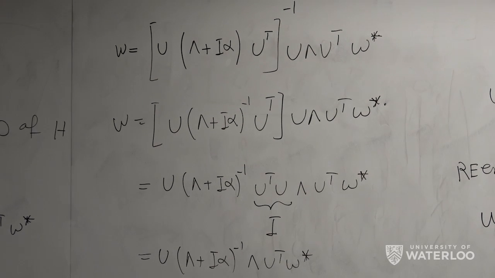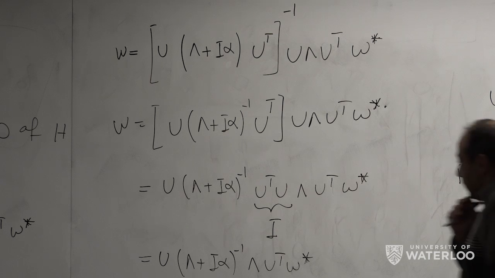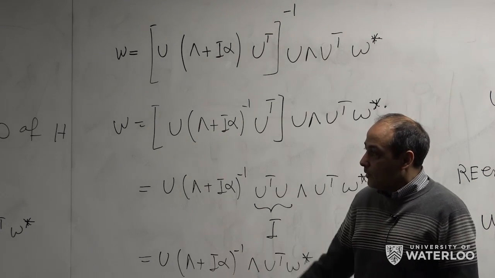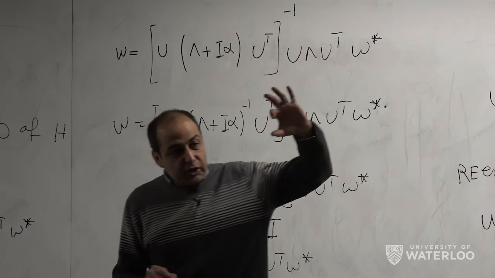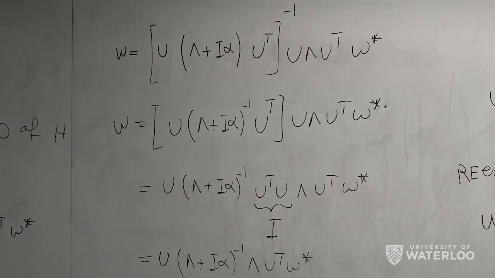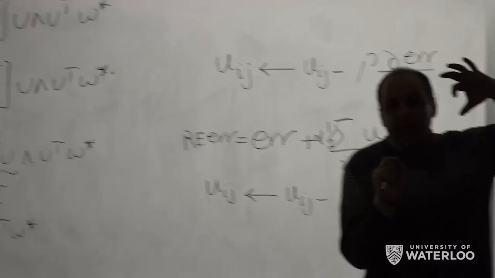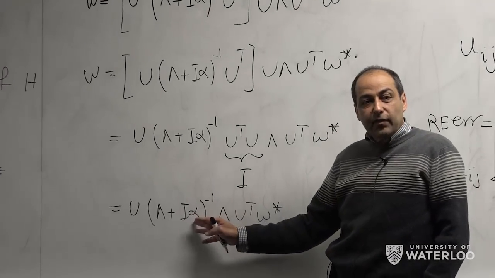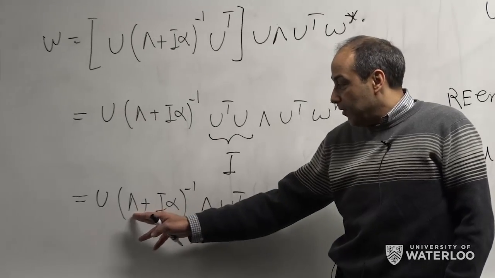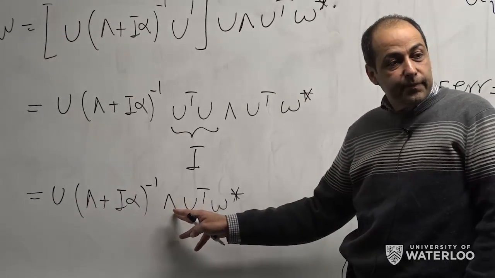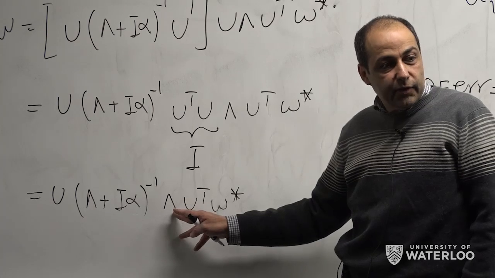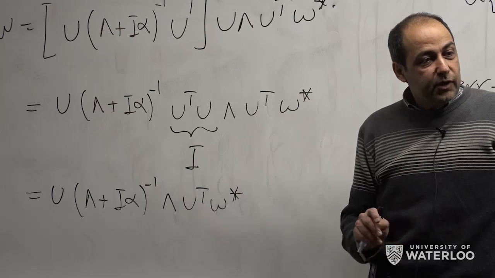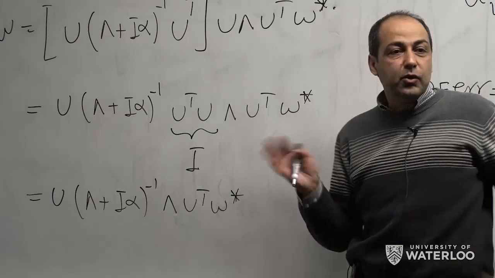Okay. This alpha is the coefficient of the penalty function. Now imagine that I don't have it, which means that alpha is equal to 0. If alpha is equal to 0, then I have lambda inverse times lambda, which is just identity. And then I have U transpose, which is identity. So it doesn't change w star.